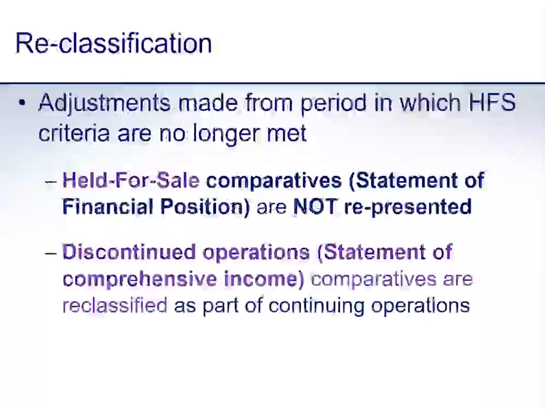So in the whole process of reclassification, we just need to be clear again that the reclassification of prior year numbers occurs in the statement of comprehensive income. In your statement of financial position, you don't re-present. Again, remember, your statement of financial position shows a snapshot at a point in time, at a date.